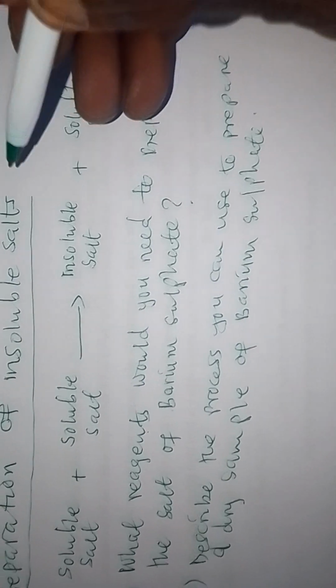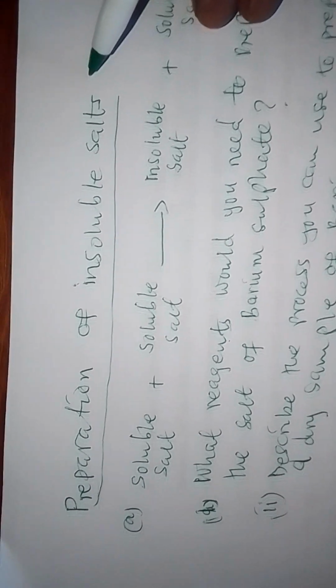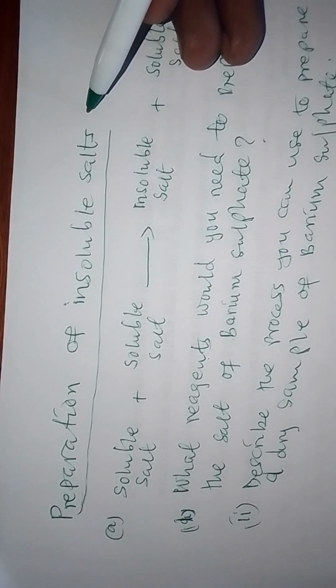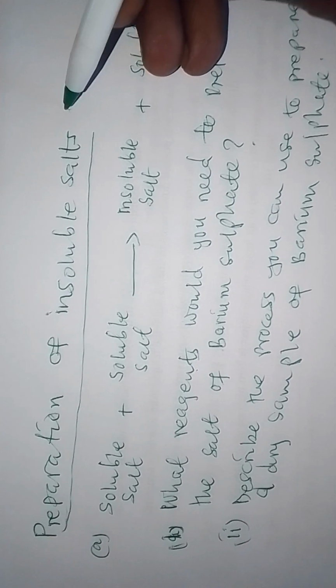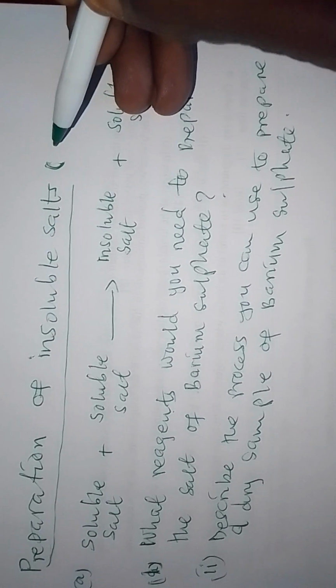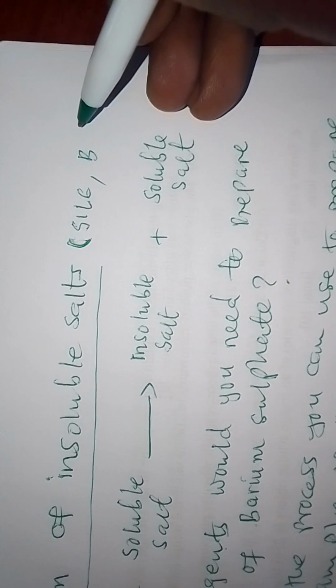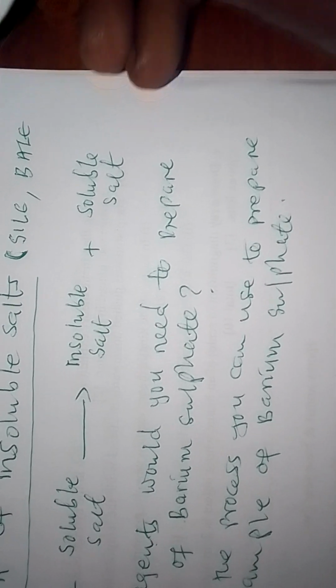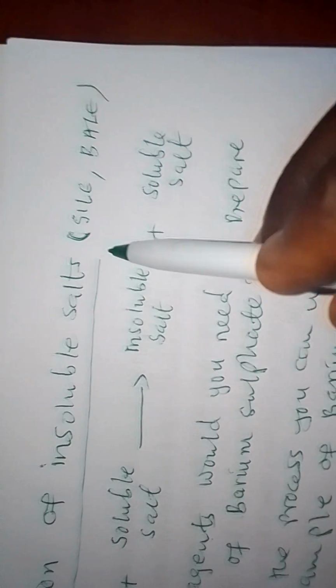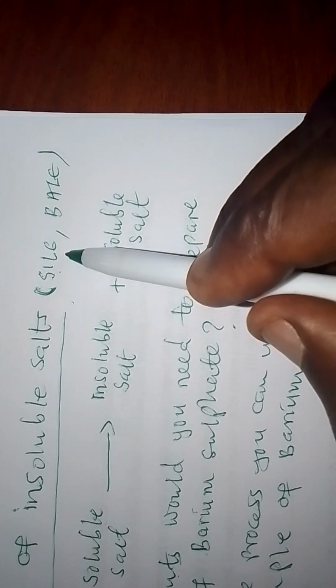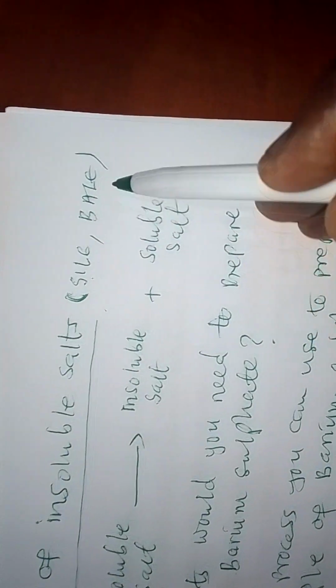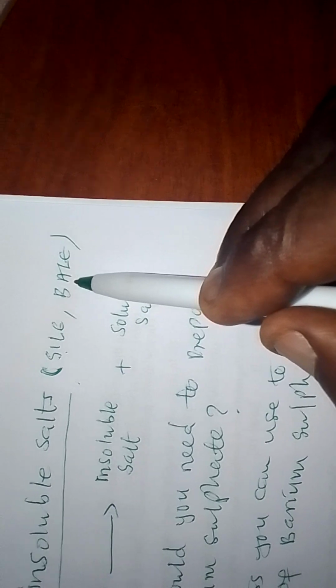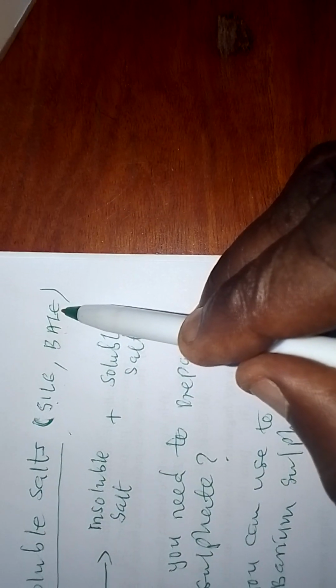Mind you, for preparation of insoluble salts, you can remember those mnemonics that I gave you. There was Sile, there was also Bell. This one was for silver chloride, this one was for lead chloride, then this one was for barium sulfate, and this one was for lead sulfate.